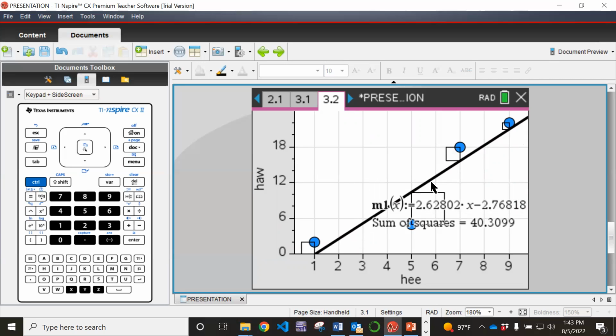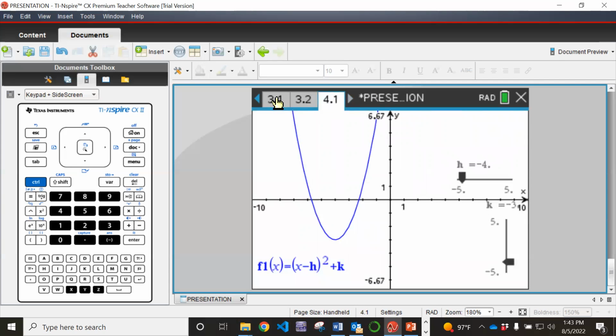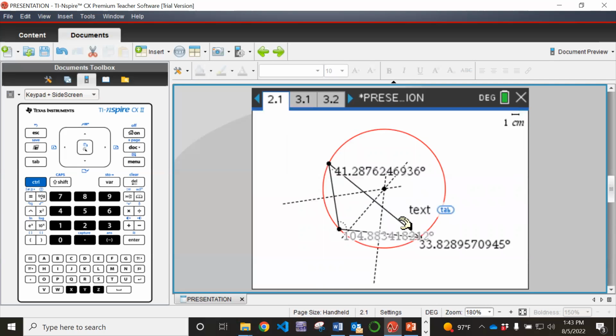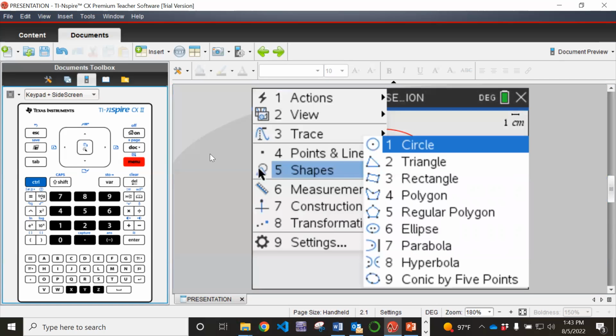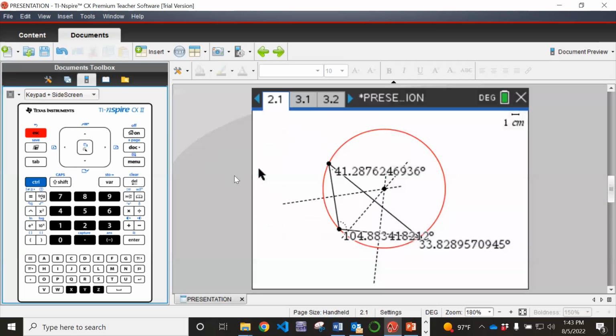Okay. I'm going to jump over to a little bit of geometry just so you see what's possible with it. If you've ever used GeoGebra, Desmos, Geometer Sketchpad way back in the day, this will look somewhat familiar. I went under menu and told it to draw a triangle. I clicked on the points.